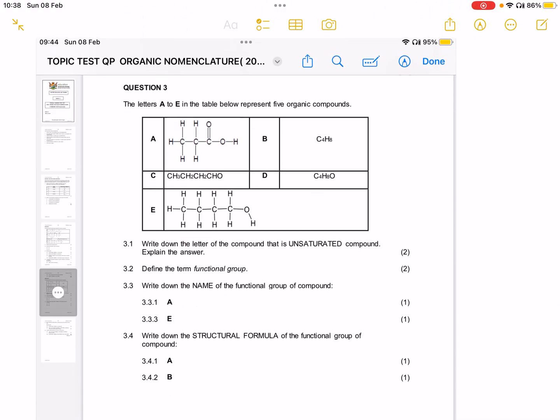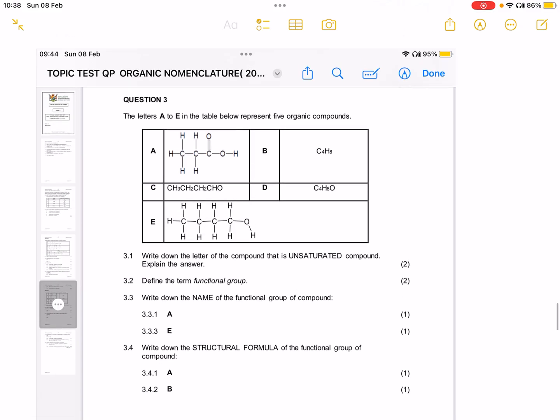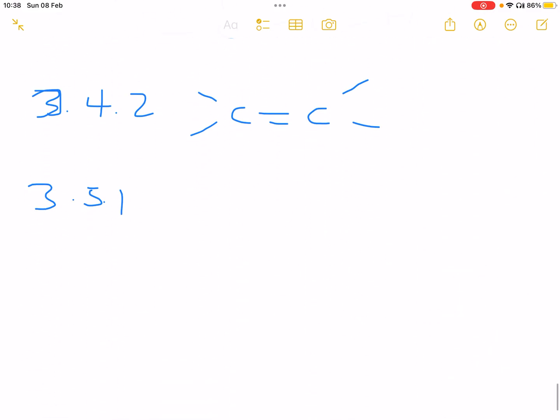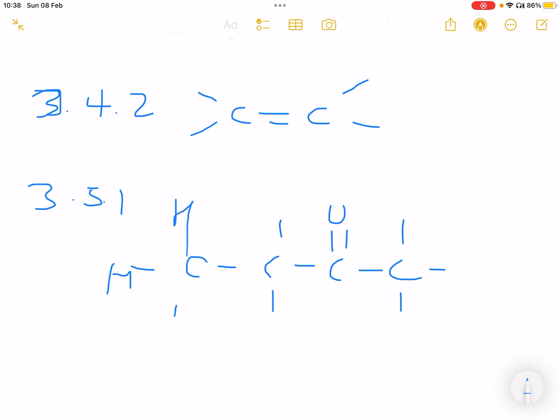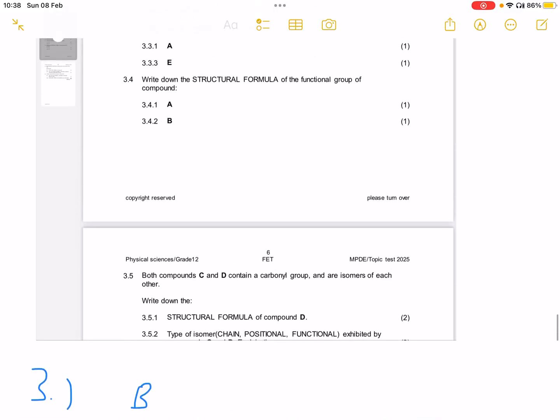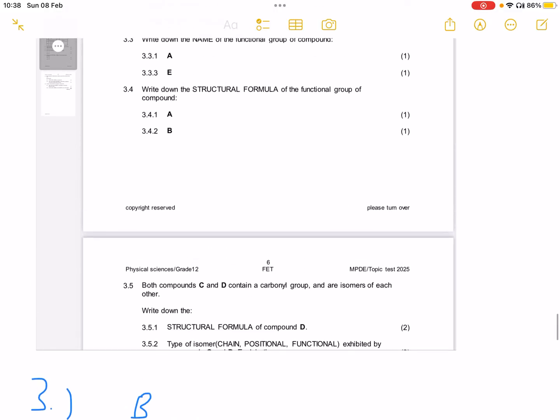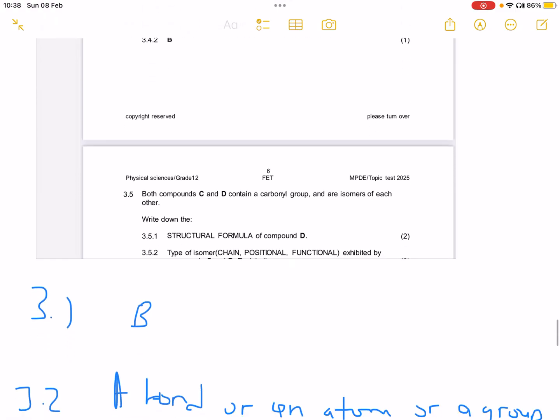So if compound C has the carbonyl group at the last end of the structure, then compound D must have it in between, meaning compound D is a ketone. Now, which ketone would it be? C, C, C, C, double bond O with H's, and that is our isomer.